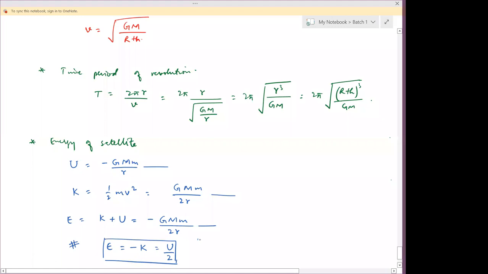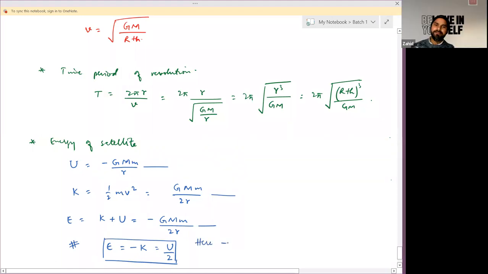So we can say here negative sign in total energy signifies that satellite is bounded to Earth.